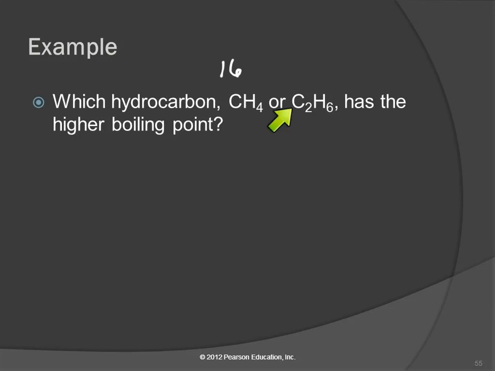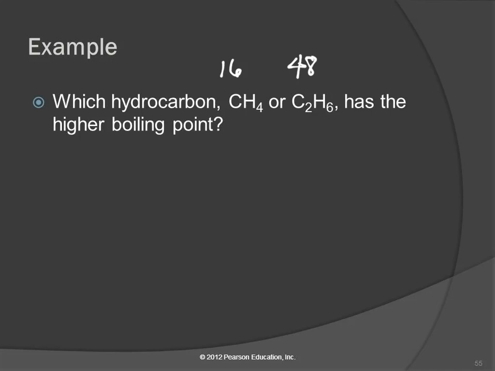And this one, 2 times 12 is 24, plus 6 is 30. So that has a molar mass of 30. This has more atoms, and so we also expect it to be larger based on that. These molecules only experience dispersion forces.